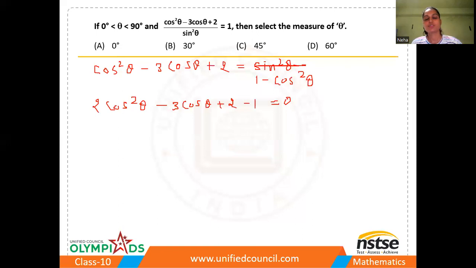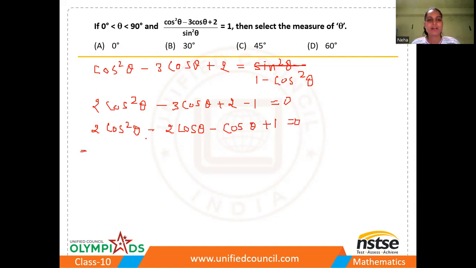Clear? So minus 3 cos theta, as I have told you in the previous question, I can write as minus 2 cos theta minus cos theta, right? So 2 cos square theta minus 2 cos theta minus cos theta, and 2 minus 1, this I can write plus 1.